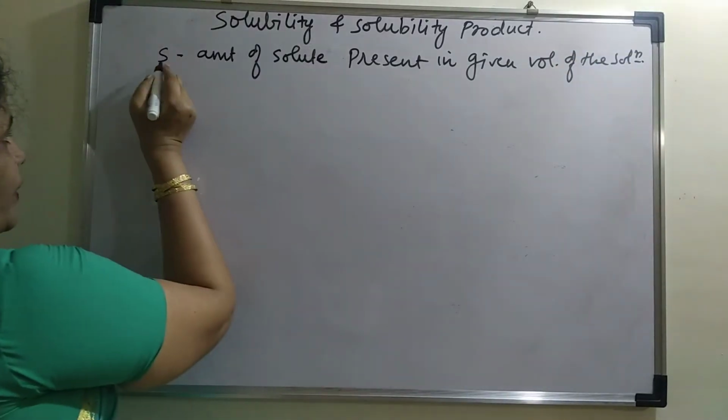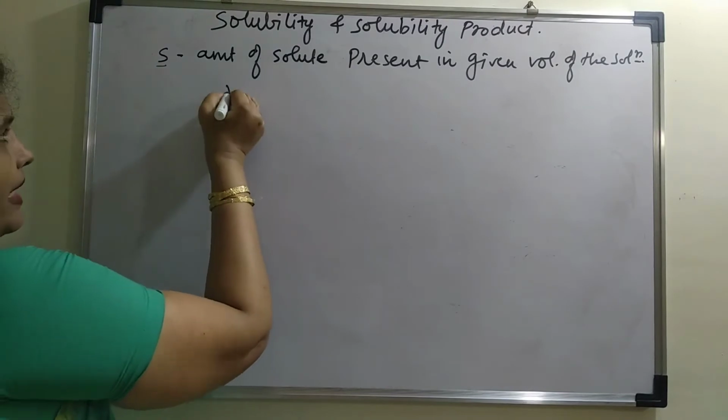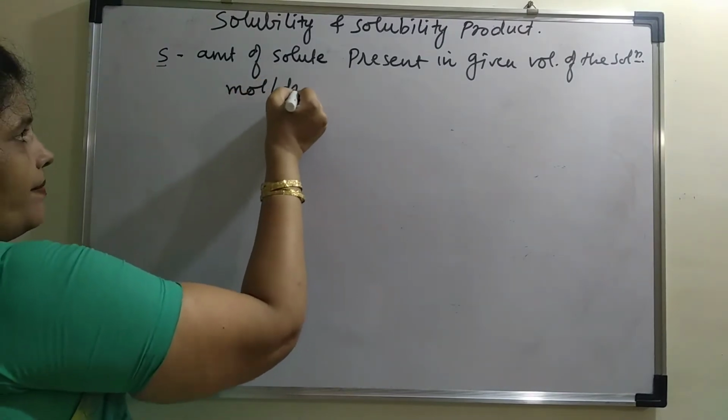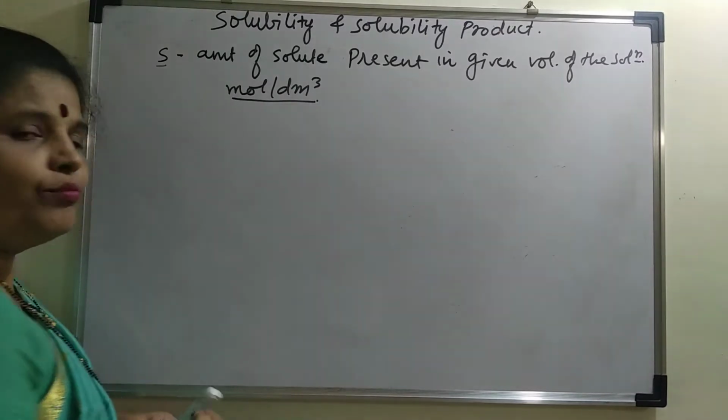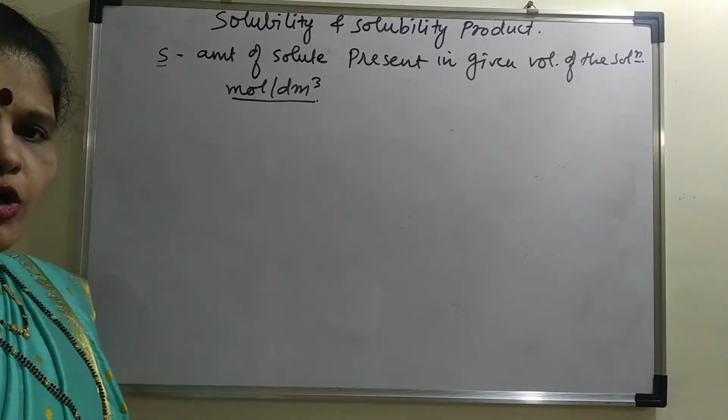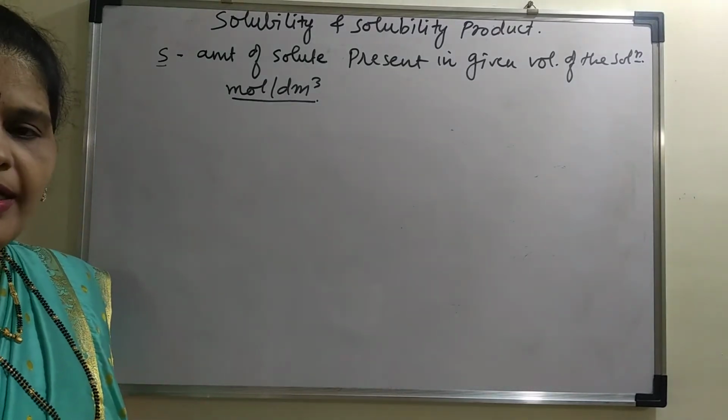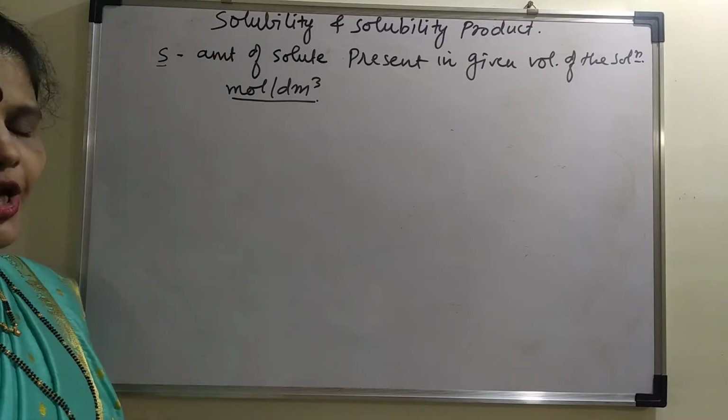So what will be the unit for this? It will be mole per dm³. In short, it is the same as molarity. The concentration of the substance in the given volume will give me solubility.